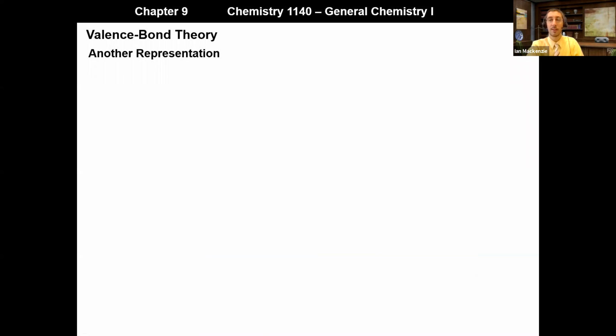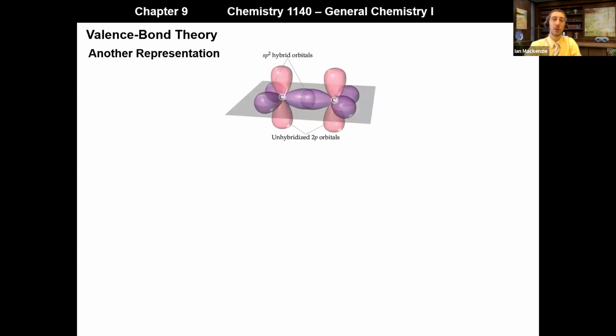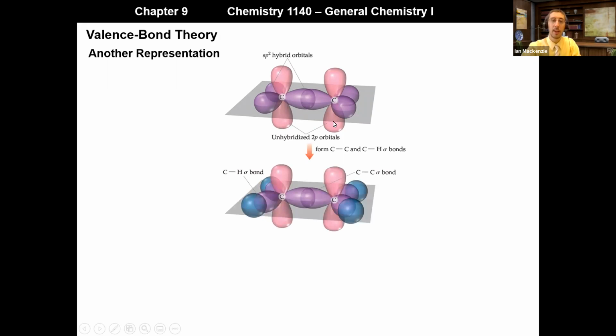We can look at this in a slightly different representation just to hopefully help visualize this. So if we start out with the 2 sp2 hybridized carbons, it's got its 3 sp2 hybridized orbitals in purple, and then it has a pink p orbital that's just left over that sits above and below the plane, each of them. If we bring in the hydrogens, we can do direct overlap to form sigma bonds, and we can directly overlap the 2 carbons to form a sigma bond there.